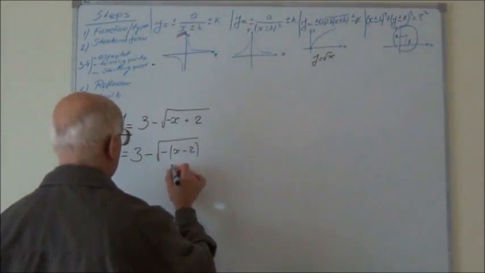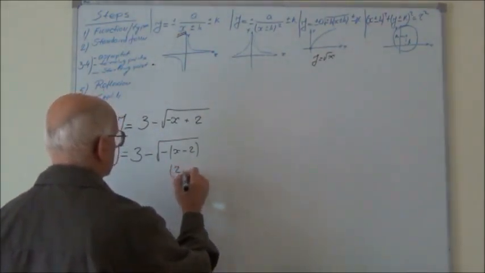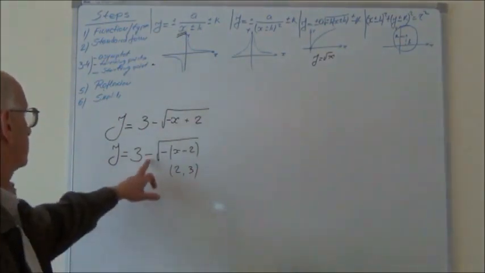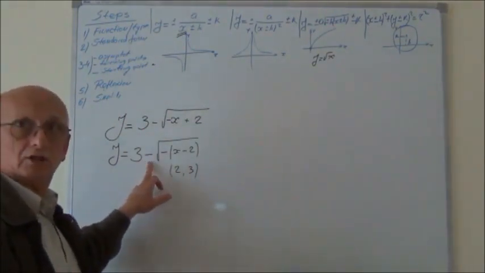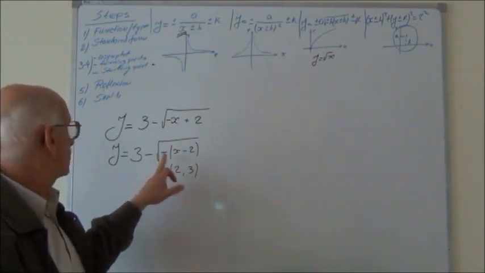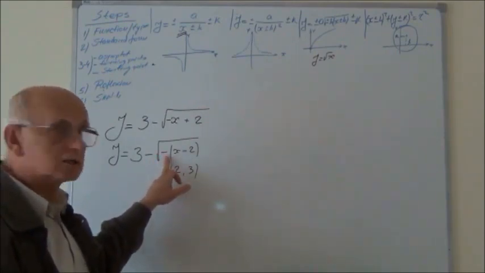Obviously, our starting point is 2 and 3, but we have two reflections. We have both a reflection in the x-axis and a reflection in the y-axis.